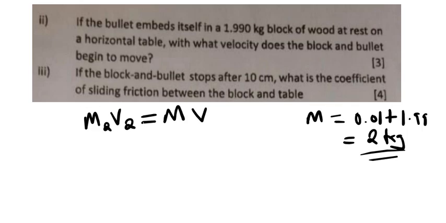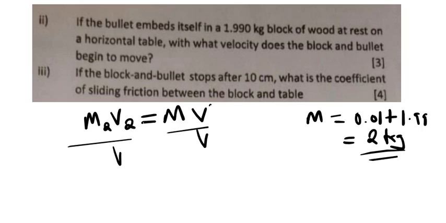Initially it was like this, but now we've added another mass. I'm just adding a mass to mean that there are two now. What am I supposed to find? The final velocity. They are going to move with the same velocity.